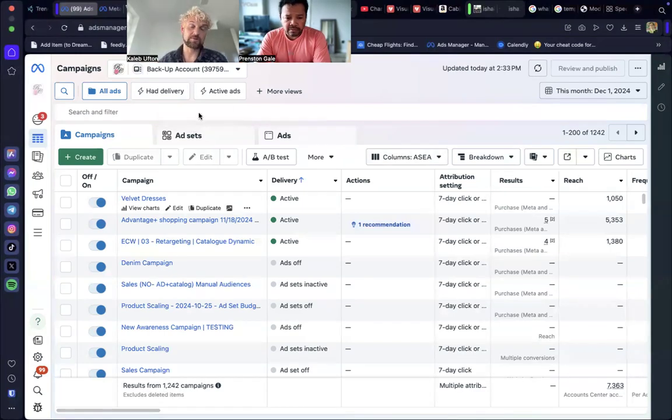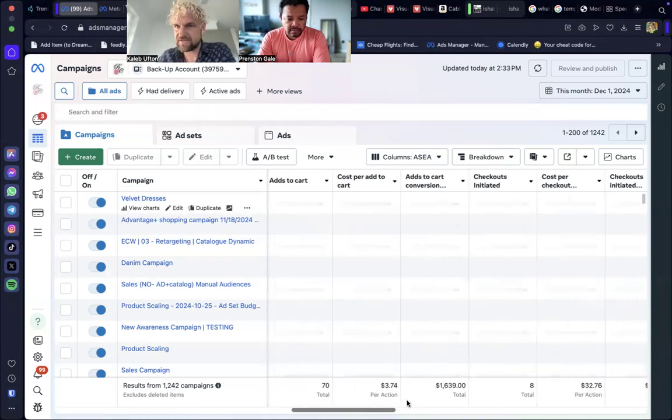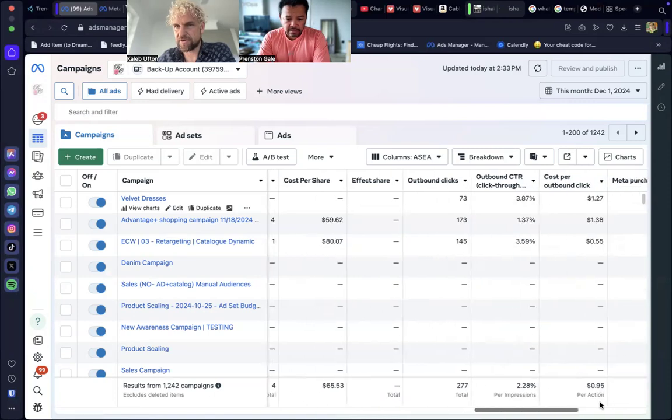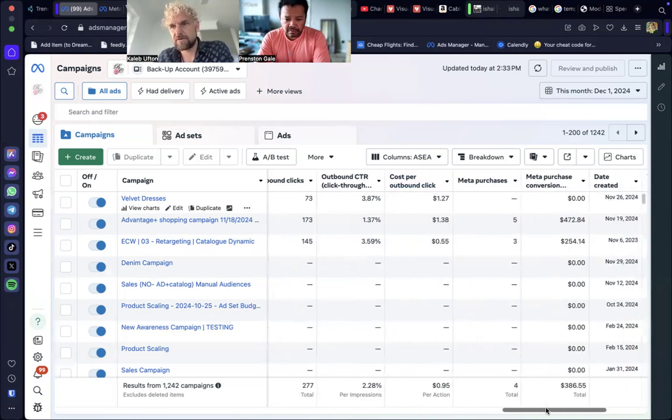So in direct response copywriting or affiliate marketing, there's this metric which is called earnings per click. And EPC, earnings per click, is basically if you take the number of, say, outbound clicks you get, and then you just divide it by the revenue.